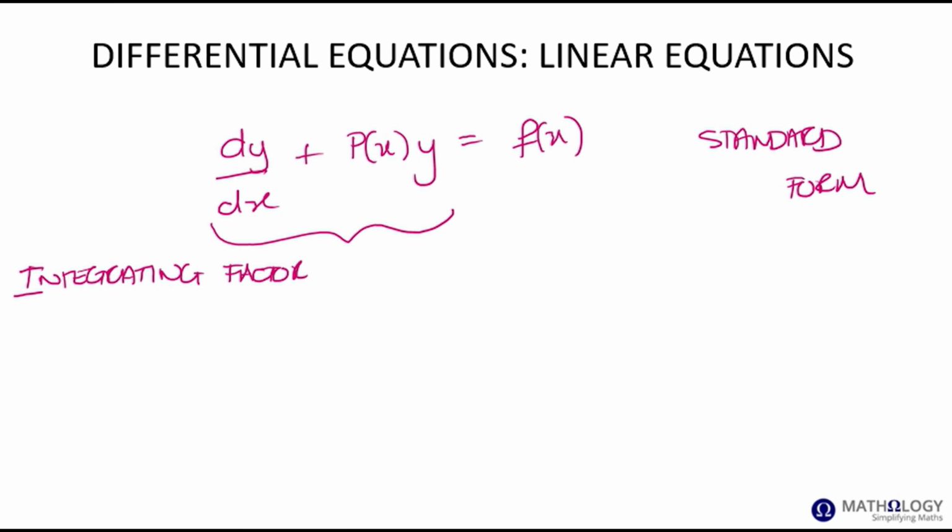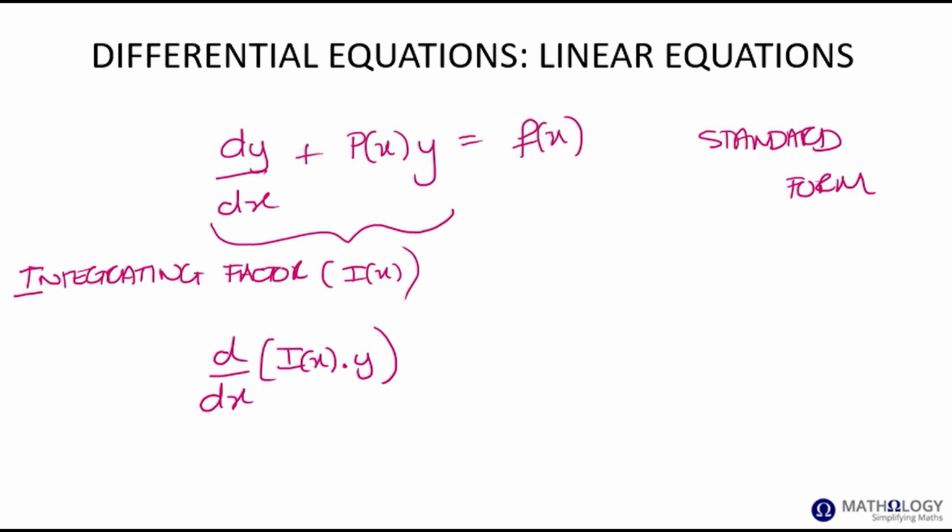So we're just going to show where we get that integrating factor from. We'll call this integrating factor I of x. You'll see it expressed differently in several textbooks. The situation that we're going to get to is d/dx of this integrating factor times y.